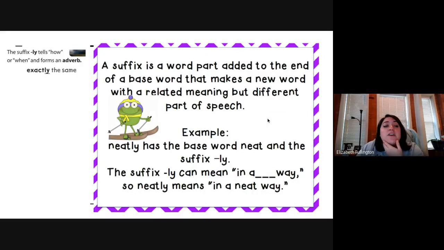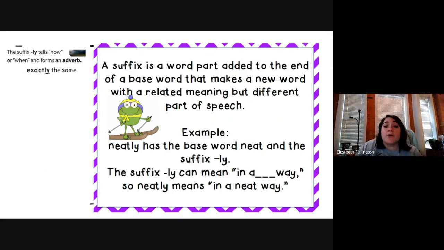All right, so some of us talked about the suffix ly, and some of us haven't. The suffix ly tells us how or when something happens, and it's a form of an adverb. So an adverb is basically an adjective describing a verb, so an action, right?